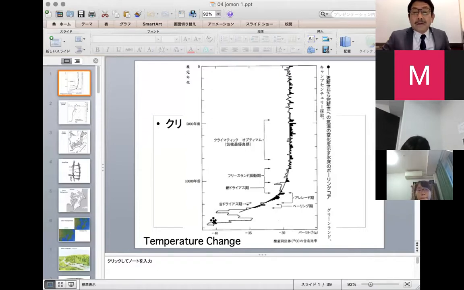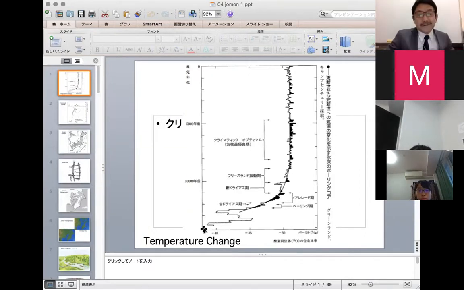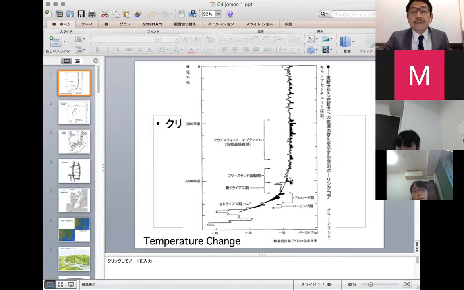And the vertical axis is the temperature. The right side is warmer, left is colder. So obviously you can see the temperature rose very rapidly towards this time period. And it's been kind of stable until today after that.